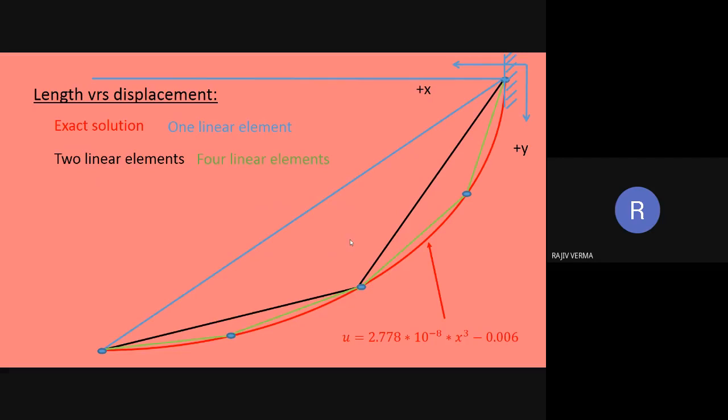But the maximum error in the solution of displacement is located at the center of the element. The maximum error, that is the maximum difference between the exact solution and the FEM solution, is present at the center of the element itself.